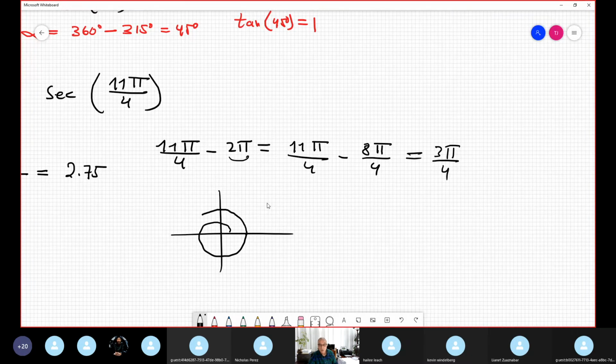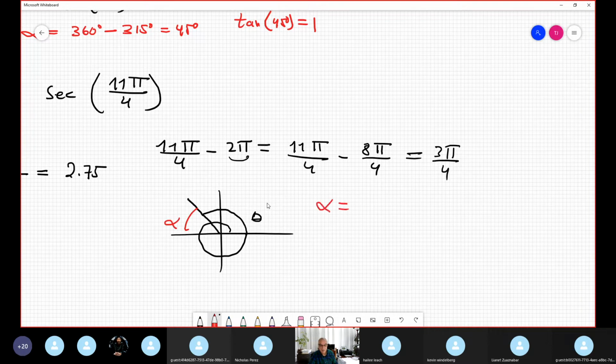What do you think? In what quadrant does 3 pi over 4 lie? Second. Exactly. Here. And this is my theta. Using the coterminal idea, but using now the reference angle. This is alpha.